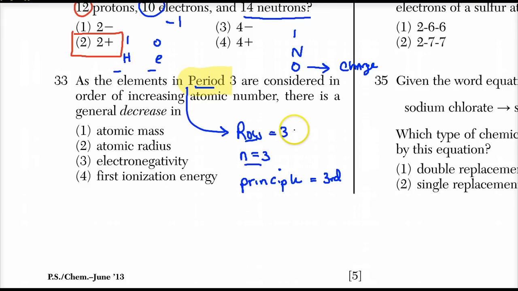All synonyms here. Now, if you're saying there is an increasing atomic number across the row, you're going across. So as we go from lithium all the way to, let's make it neon, atomic number 3 to atomic number 10, what's happening here?